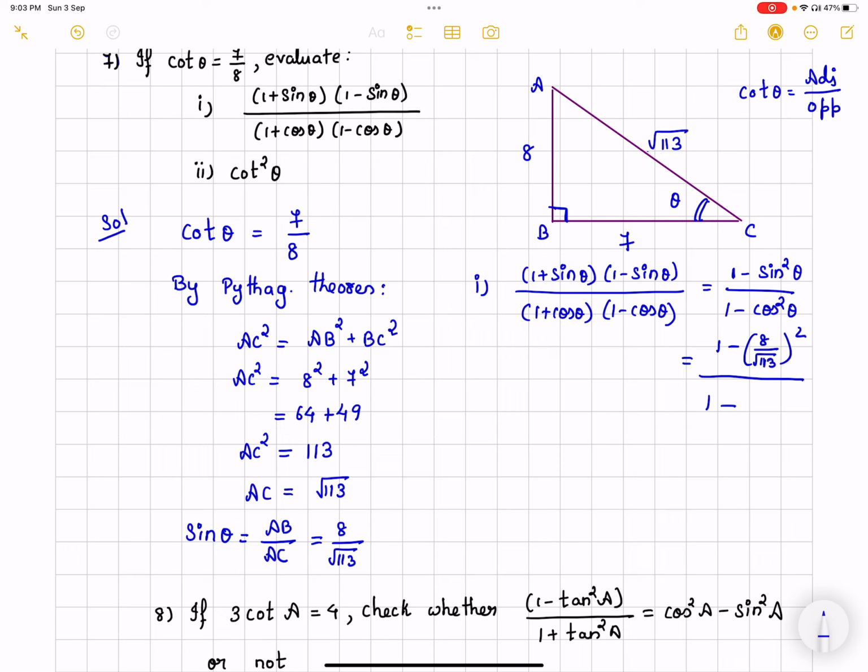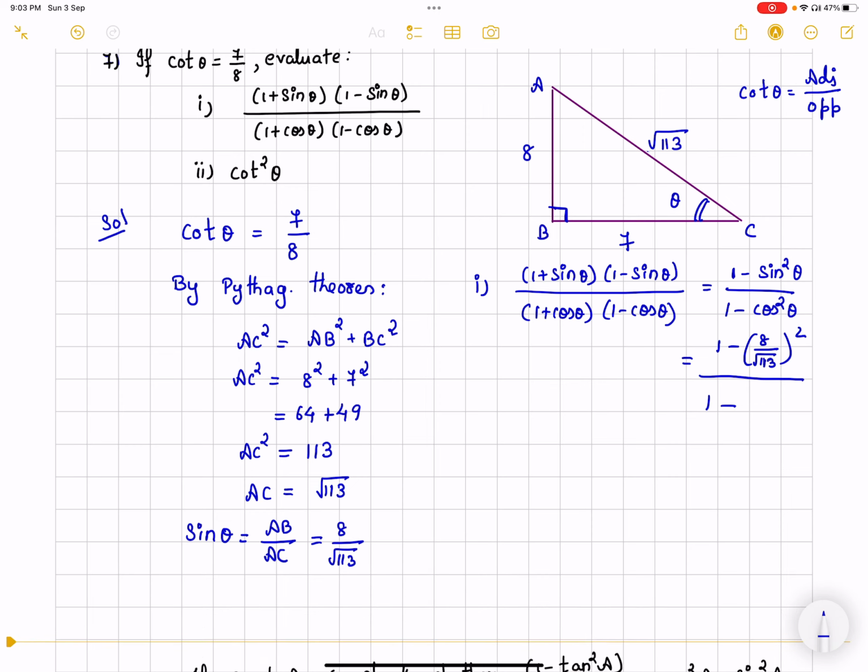What is the cos theta? Let's find that out. Cos theta is equal to adjacent side of my theta, BC, divided by AC, which is 7 divided by root 113.